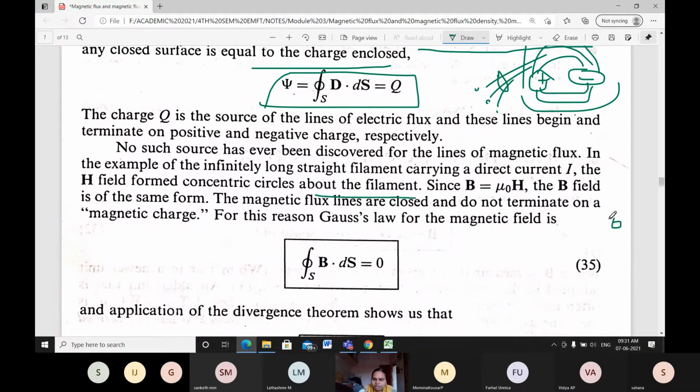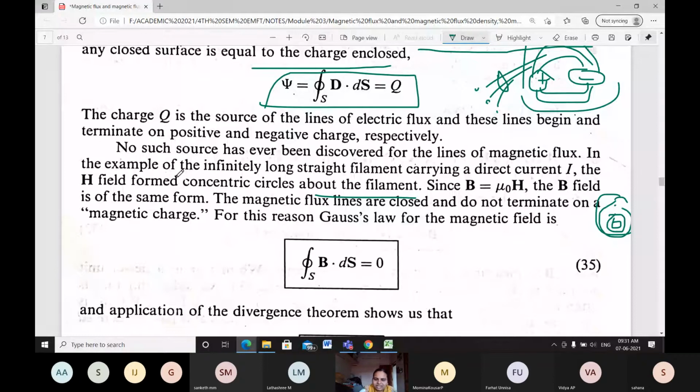Like this it will be going on. Then our magnetic flux density B is going to be mu naught H. The B field is of the same form as the electric field intensity.